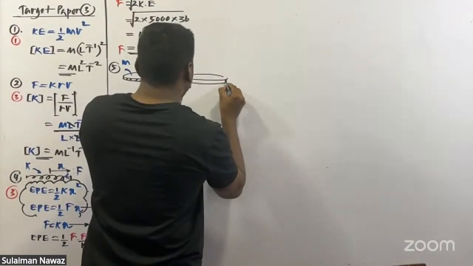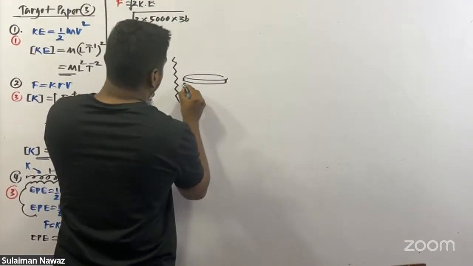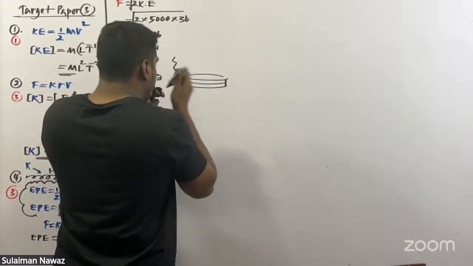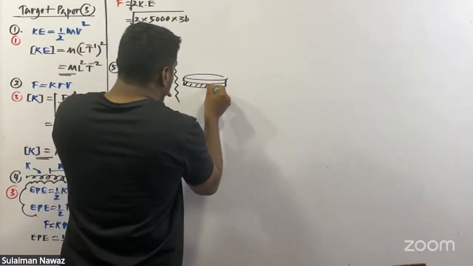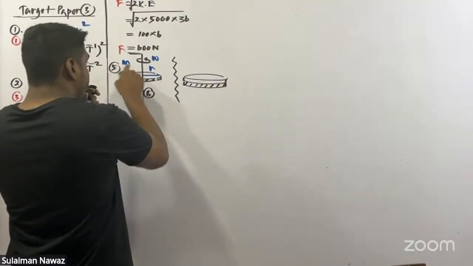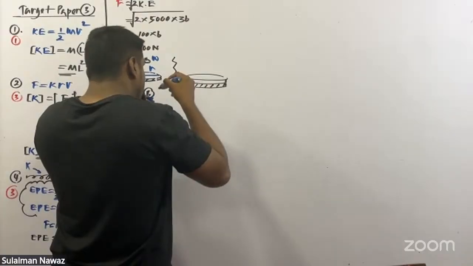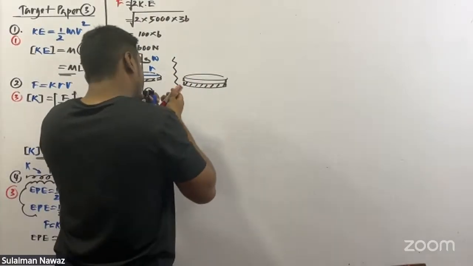So we are placing another disk on top of this one. The black color disk is at the bottom. Its mass is, as I explained, m and radius r. You kept another disk on top of the black color disk, that is the red color disk.